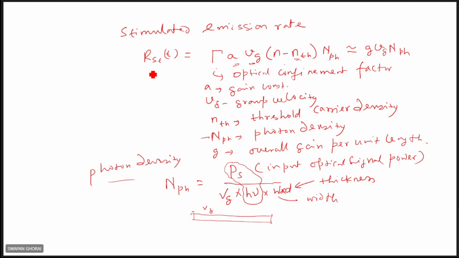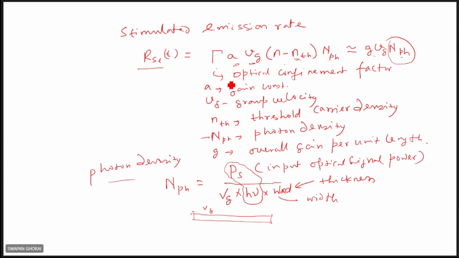So R_ST can be expressed, nearly equal, as some factors are small. All the constant factors can be replaced by a small g. So it is g v_g into n_p, the photon density.